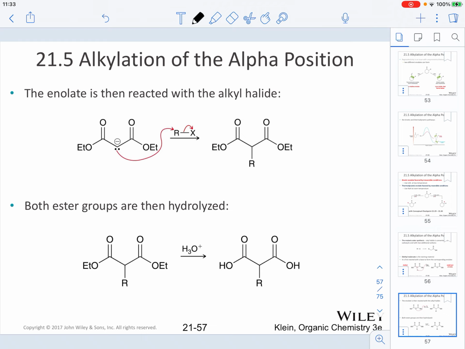Then the enolate is going to react with the alkyl halide in order to incorporate the R group in between the two carbonyls. Then it is going to have an acidic workup to transform those esters into two carboxylic acids. This is just the hydrolysis of those esters into carboxylic acids.